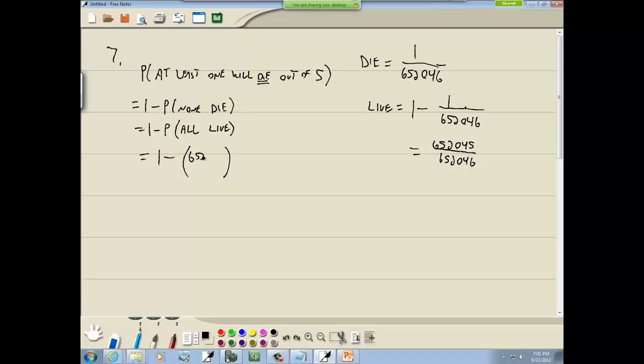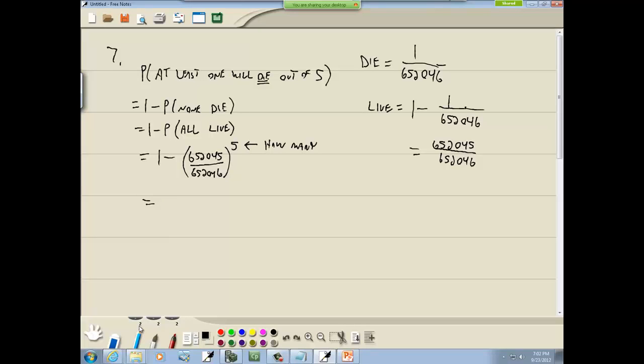So we'll have 652,045 over 652,046. And out of 5, so the how many goes as your exponent. So let's see what we come up with.